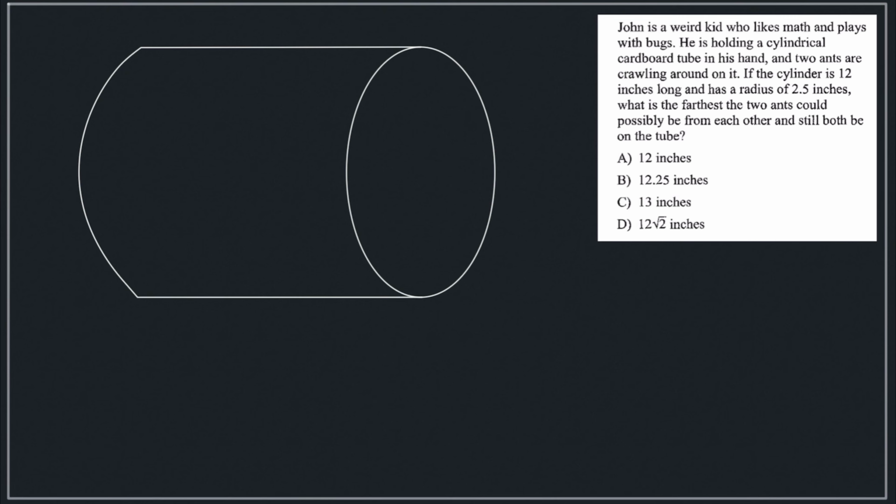Let's solve a relatively easier problem. In this problem, we are given a cylindrical tube of length 12 inches and radius 2.5 inches. They want us to find the farthest possible distance between the 2 ends. In other words, they are interested in finding the diagonal of the cylinder.